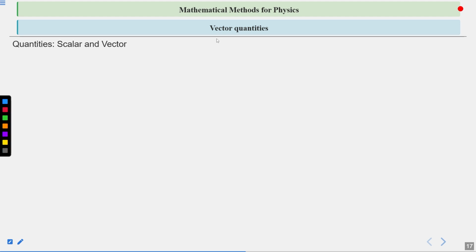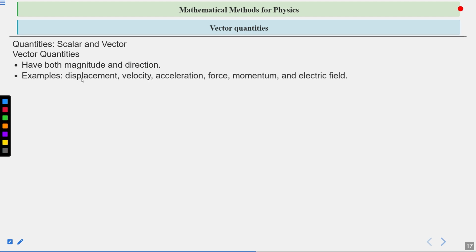Another physical quantity is vector quantity. Vector quantity consists of both direction and magnitude. Vector quantities have both magnitude and direction.